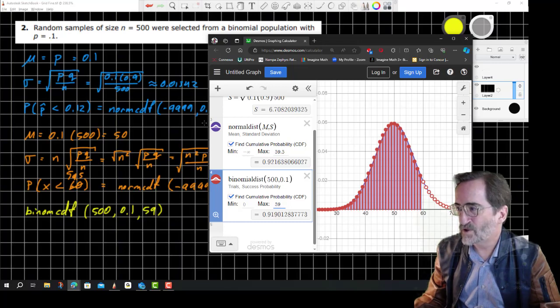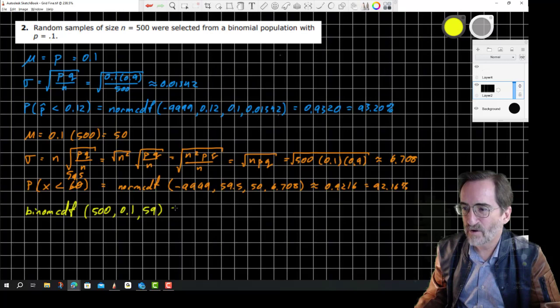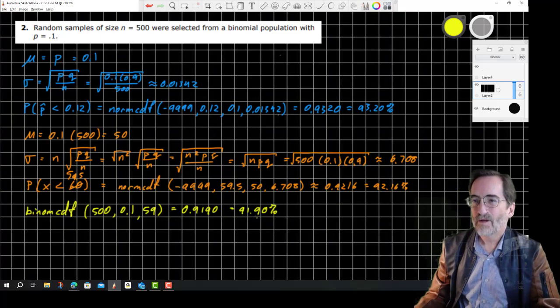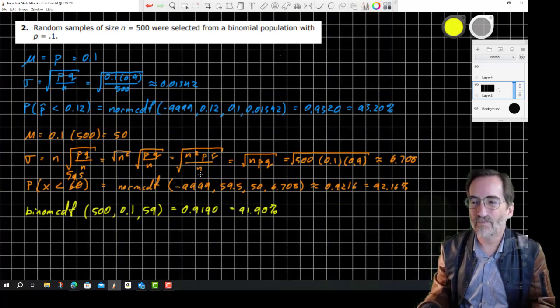So we had the adjustment to bring it down. We didn't actually bring it down enough, though, because our total cumulative probability is 0.9190, so even a little bit less, 91.90%.